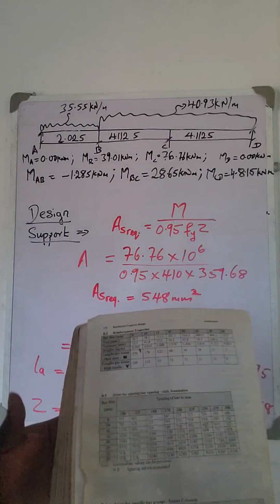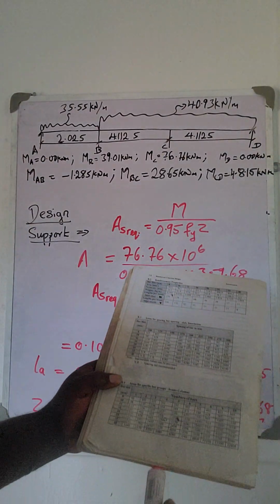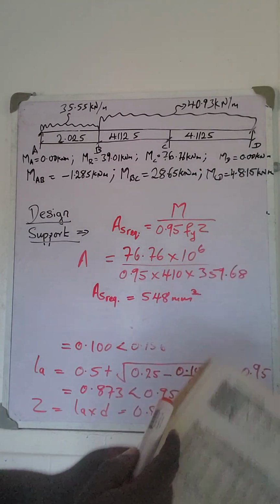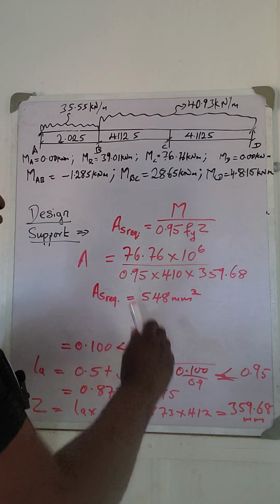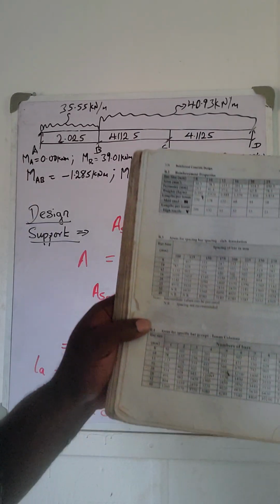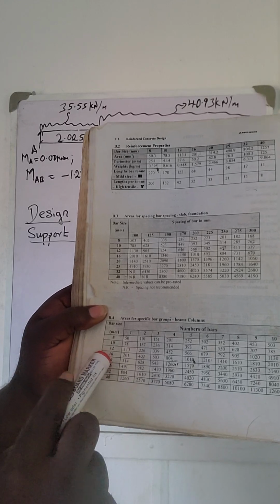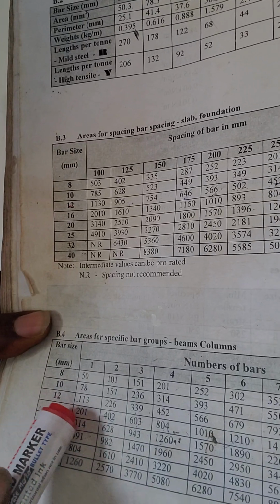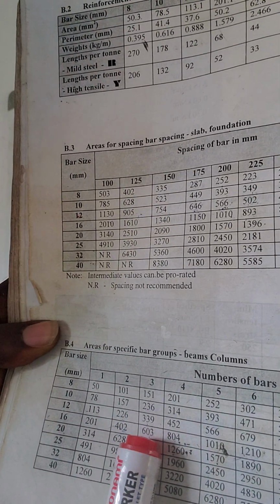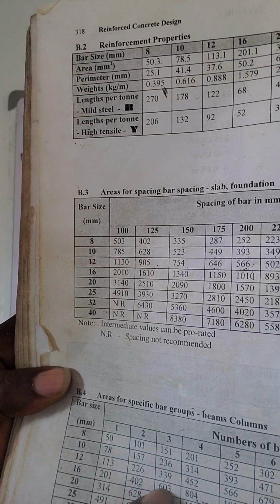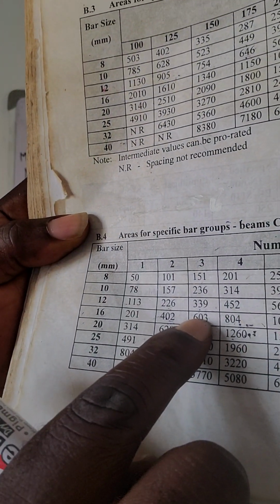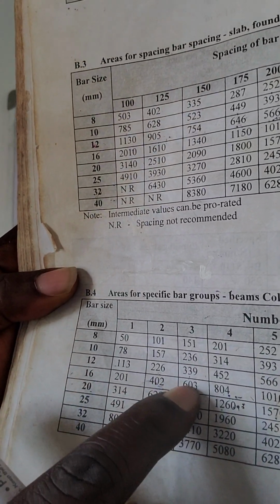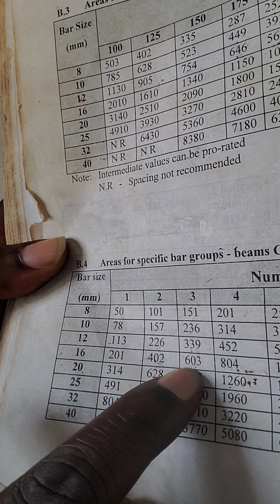So our area here we have As. If you go to the beam, we said today we are using 16 mm, so we have area required to be 548. So in our area table, we'll look for 16. The one that is closer, a little bit higher than area required, is 603.